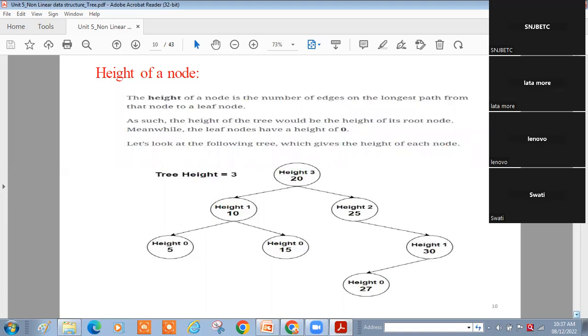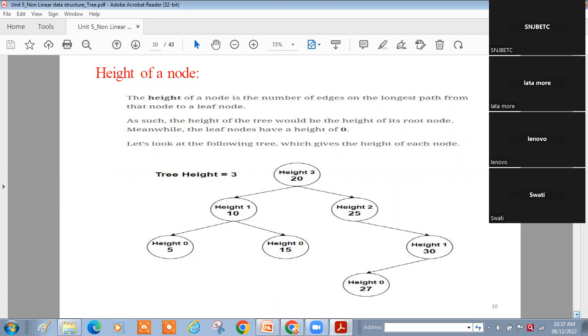So as such, the height of a tree would be the height of its root node. Meanwhile, the leaf node has height 0.